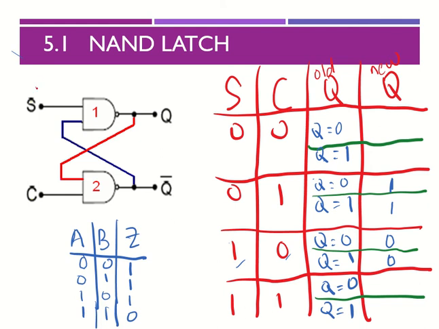So you have 1 over here, you have a 1 over here, your q is 0, and because q is 0, q bar is 1, so your 0 is going here. 0 1 becomes 1, and over here is 1, 1 1 becomes 0, and over here comes again 0, 0 1 equals 1, and over here 1 1 equals 0. So your final result over here is going to be 0.